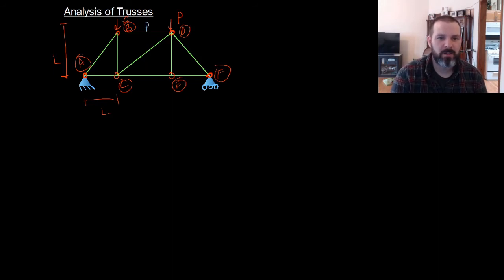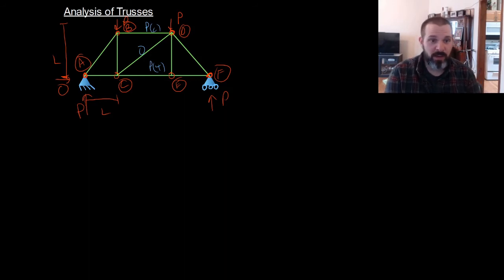We have P in compression, P in tension, 0 in the middle. And we know we have a reaction force here of P, a reaction force here of P, and a reaction force here of 0. What we can do now is look at individual joints. So let's look at joint A.